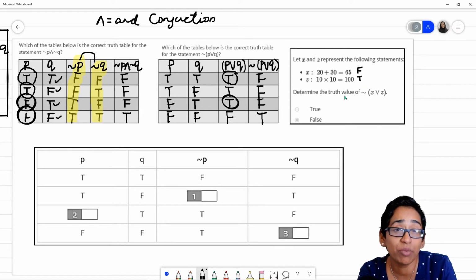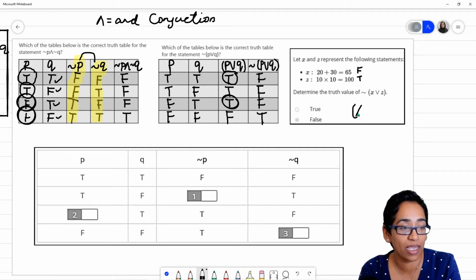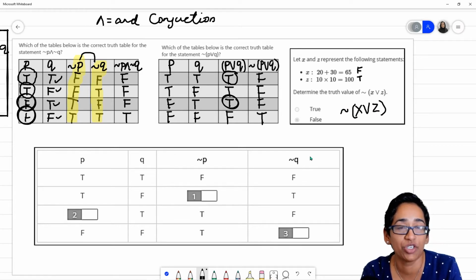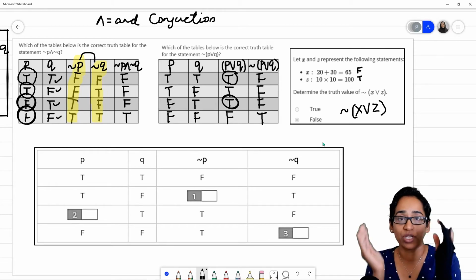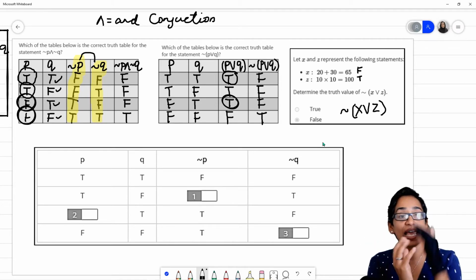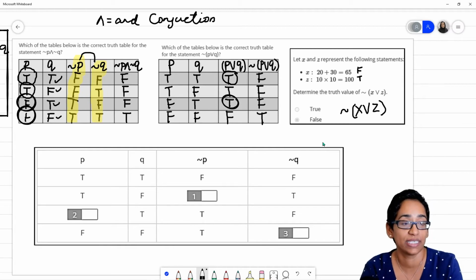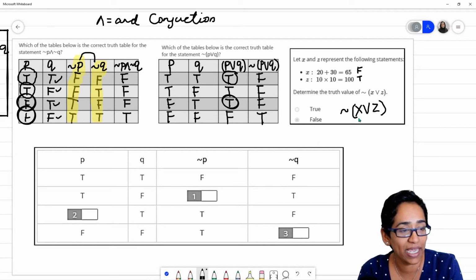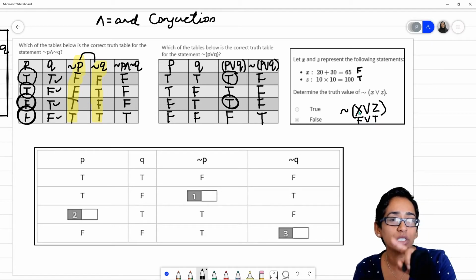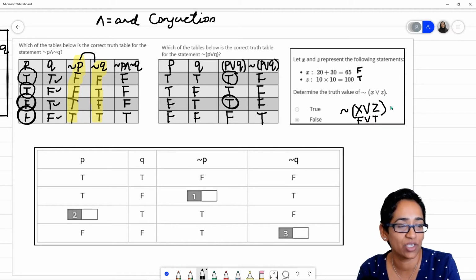They're asking me to determine the truth value of negation of X or Z. Remember what we talked about. When we have parentheses, you complete the parentheses first and then go to what is outside the parentheses. So my X is false, or true. Let me rewrite this one.